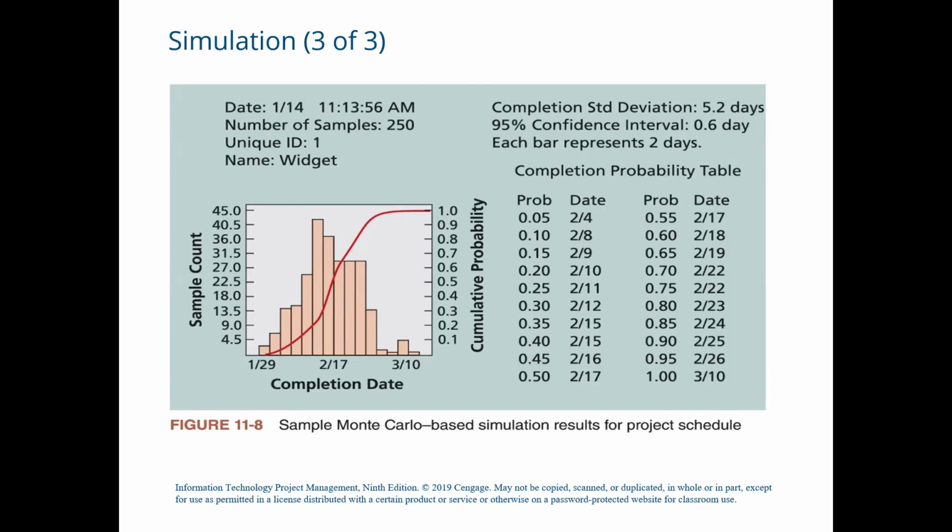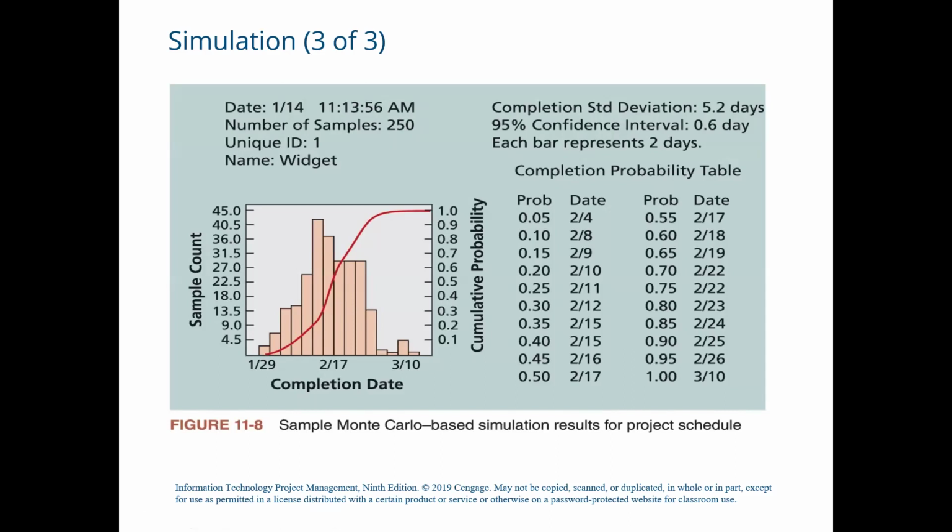Further, you can see in this example, as it is mentioned, the time interval was 2 working days. Each bar represents 2 working days, and the simulation was run 250 times. As I told you, it should be at least 100 to 1000 iterations.